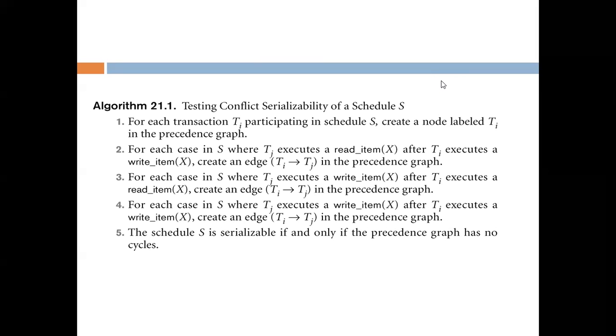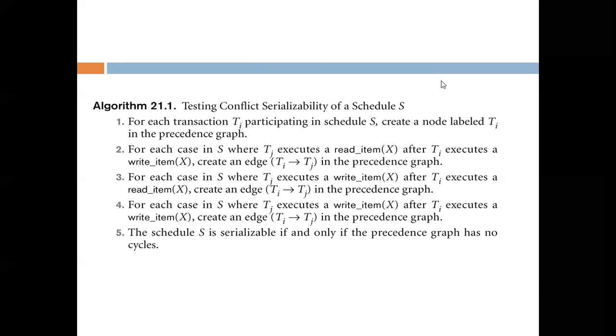Then for each case in a schedule where J executes a write after Ti executes a read, we will create an edge from I to J. So in the third step, it is again the creation of an edge from I to J, when J is writing and I is reading. So it's a reverse.